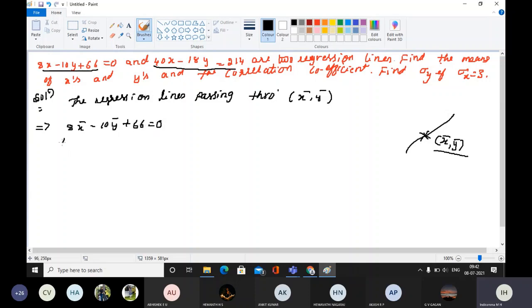The second regression line can be written as 40 x bar minus 18 y bar equal to 214. Now solve the simultaneous equations using your calculator and tell me what x bar and y bar are.